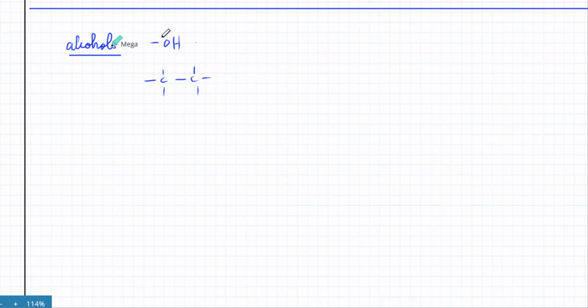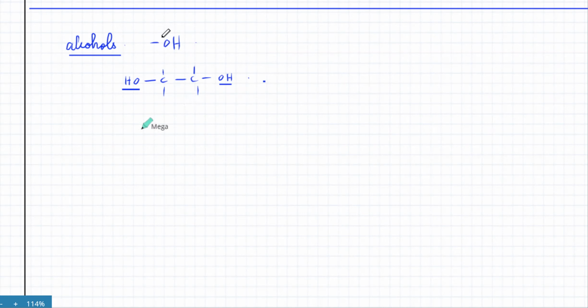So if it's on the left side, then it's going to be HO. If it's on the right side, then it's OH, right? Is that point clear? Yes. So just make sure if it's being written on the left side, it's the O that's connected to the carbon chain. If it's on the right side, even then it's the O that is connected to the carbon chain, not the other way around.